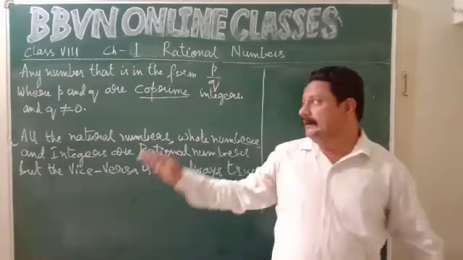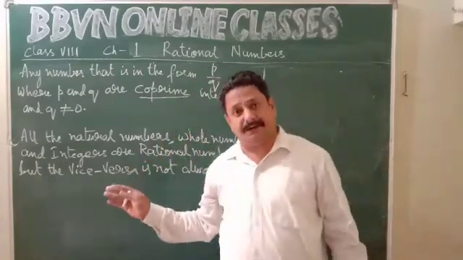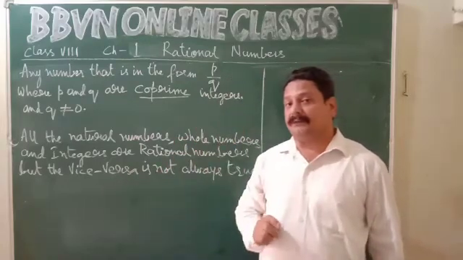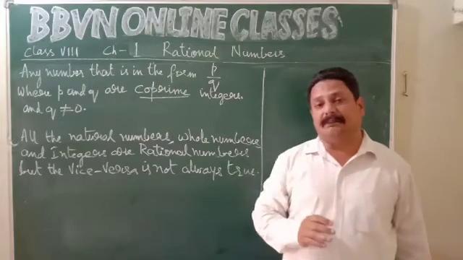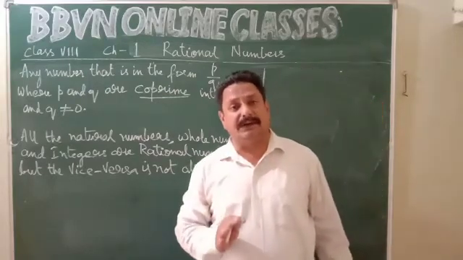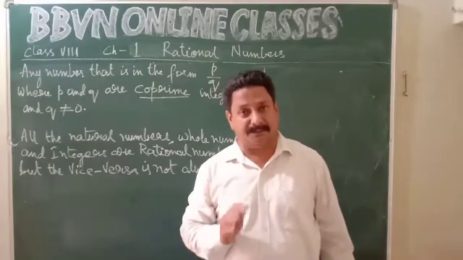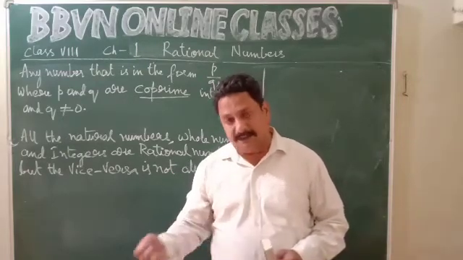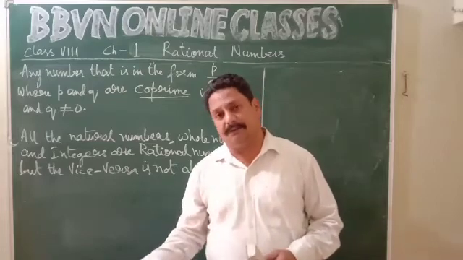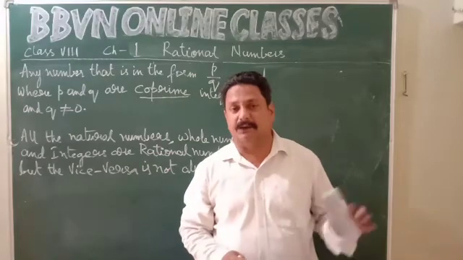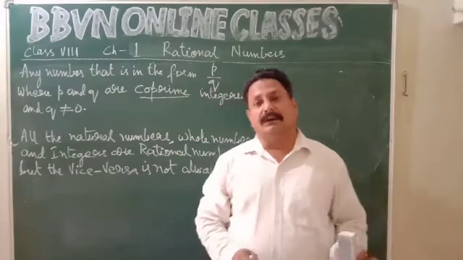So this was the basic definition of a rational number. Okay, so as we started new chapter number 1, we previously completed chapter number 2. So please complete all the exercises of chapter number 2. If you do not have the textbook, maybe in a day or 2 days or by the end of the coming week, the books will be available in the school. You can contact Savai sir and all.